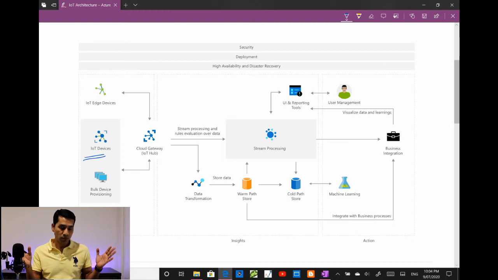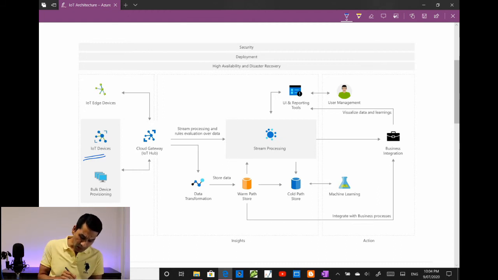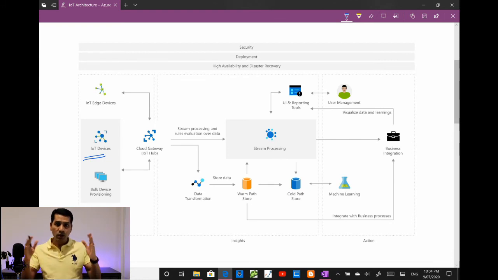All of those are inputs coming in the form of sensory inputs into the system. This gets fed into the IoT solution platform through an IoT gateway, and then probably there is a need for data transformation because you want to make sure that data is in a form which will help you to analyze and predict and identify insights from that.